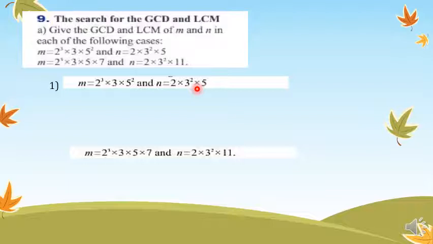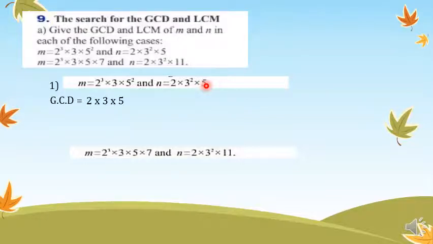We said that the GCD is the common factors to the least exponent. 2 and 2 cubed, we take the least, which is 2. 3 and 3 squared, we take the smallest one, which is 3. 5 squared and 5, I take the smallest one, which is 5. So the GCD is 2 times 3 times 5.